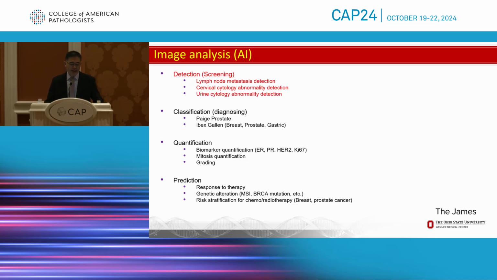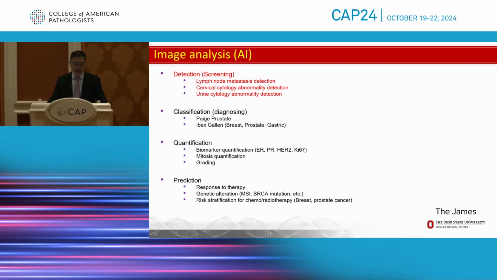Then quantification, mostly for biomarkers, but you can also use some of those tools to do tumor grading, to count mitosis, and anything else which needs quantification. Prediction can be used to predict response to therapy, whether it's chemotherapy, immunotherapy, or radiation therapy.